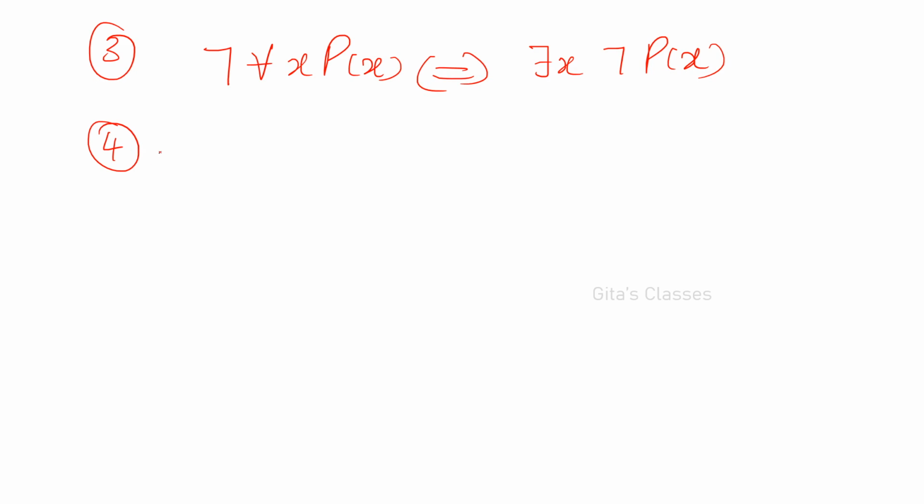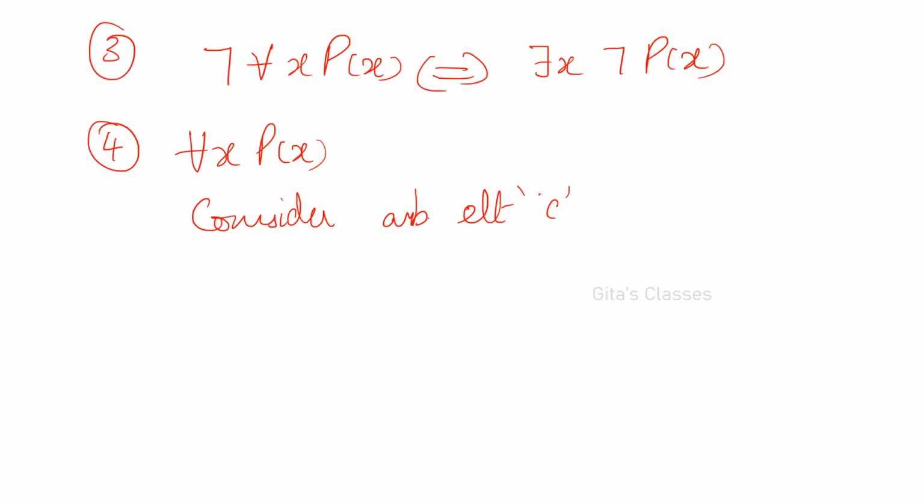So fourth one, instead of the statement there exists, you have to prove existence proof only. Now for all x P of x, you have to consider the arbitrary element C. These kind of statements, consider arbitrary element C and then prove for all x P of x.